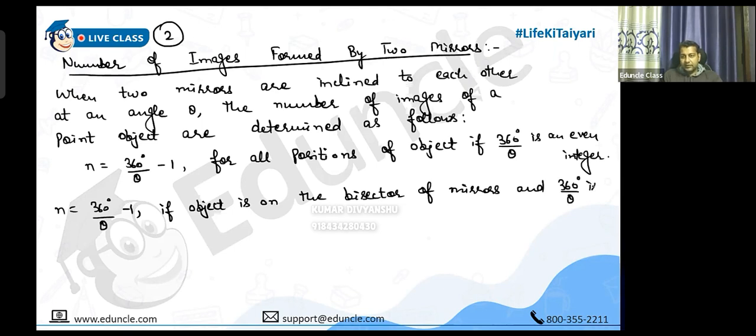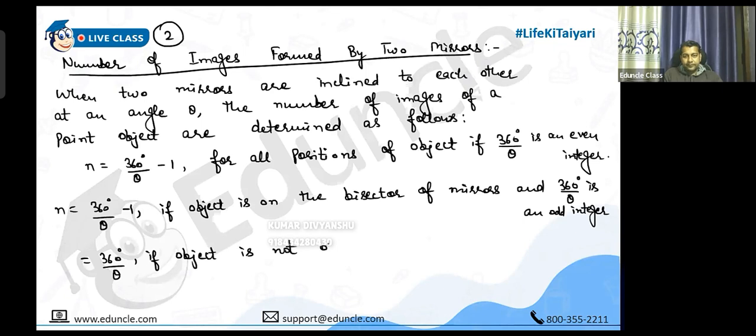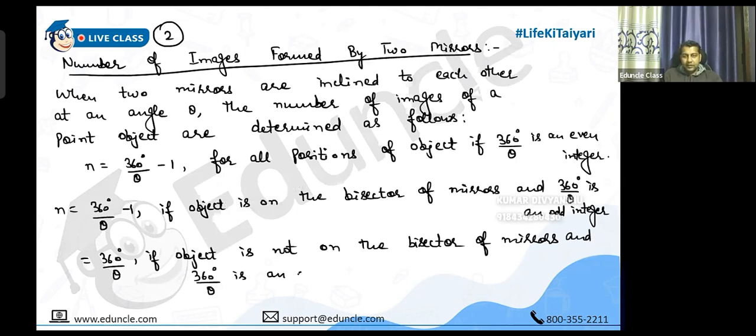If 360 by theta is an odd integer, the number of images will be equal to 360 by theta if the object is not on the bisector of the mirrors. For an even integer, this is the generalized formula. For an odd integer, these two depend upon the position of the object. And what happens if 360 by theta is not an integer?